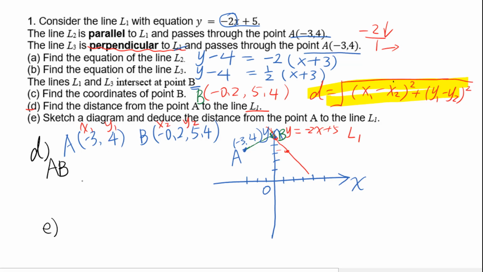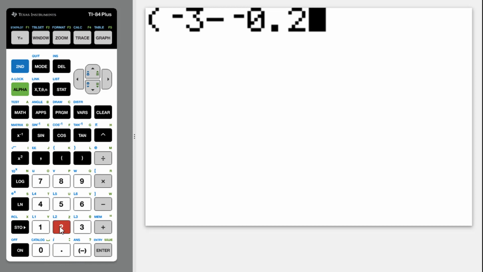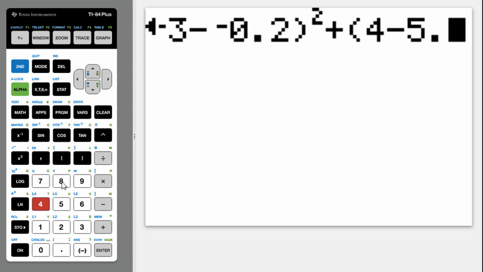Then the distance from A to B, AB equals the square root of negative 3 minus negative 0.2 squared plus 4 minus 5.4 squared. Negative 3 minus negative 0.2, you can put negative 3 plus 0.2 squared, then plus parentheses 4 minus 5.4 squared.